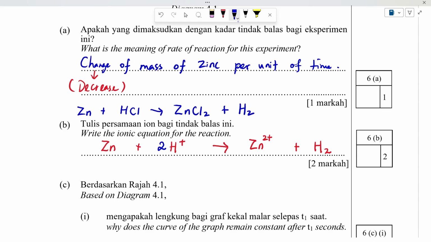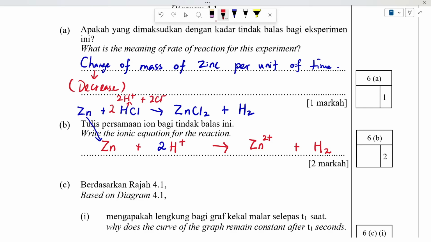Then here atoms, molecules, gas. You remain this as the initial one. So zinc remains, but hydrochloric acid is the acid, right? So for the acid, what are the ions? This one times 2, so 2 hydrogen ions and 2 chloride ions.